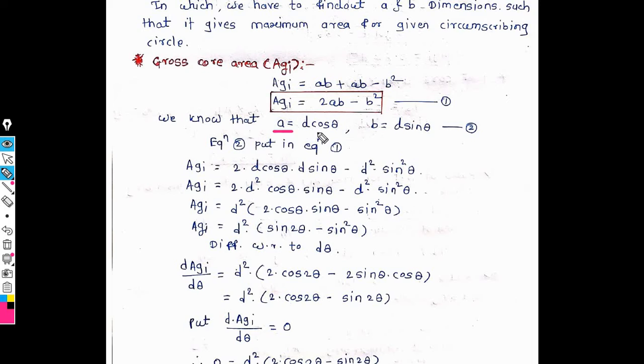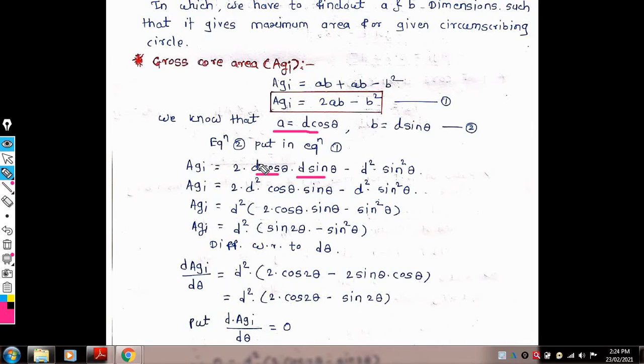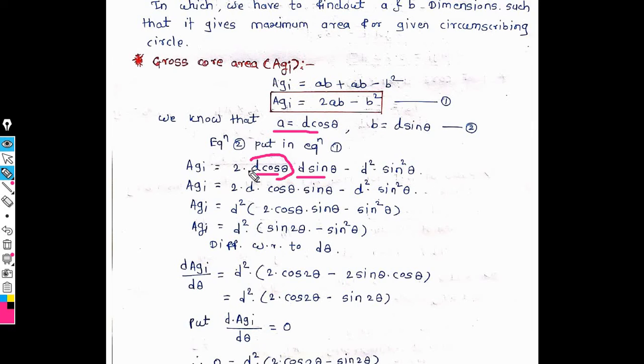Then put A equal to d cos theta, B equal to d sin theta, minus d square sin square theta. That means 2 into A into B, with this the value of A and this the value of B, and d into d is d square.